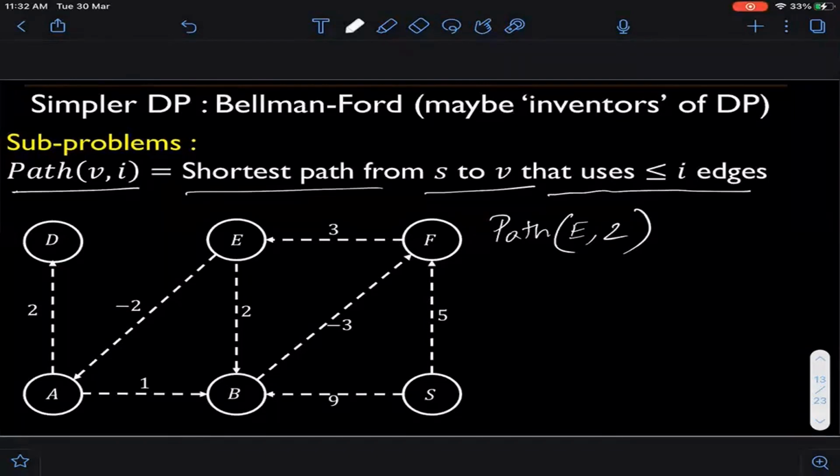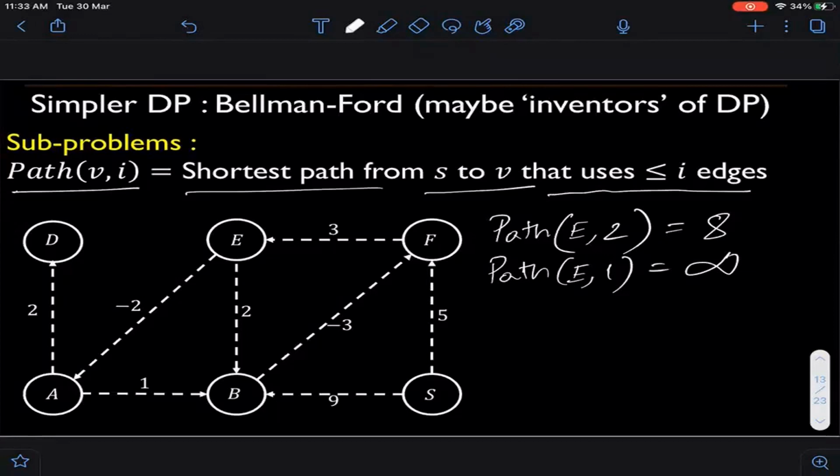It's 8, right? So it's exactly 8. Okay. But what is the value of path(E, 1)? It's infinity. Yeah. So it's infinity because there is no path from.